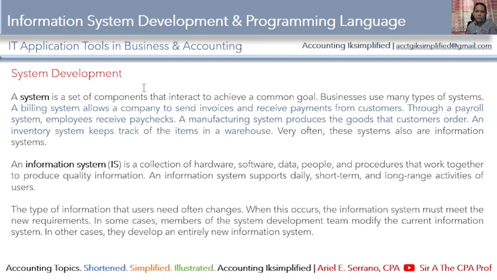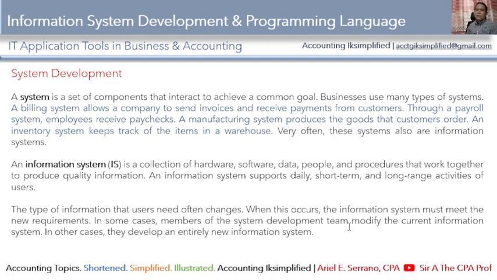Now, sabi dito sa bandang baba, when this occurs, the information system must meet new requirements. Okay? In some cases, members of the system development team modify the current information system. Now, applying it to our topic for today, information system development. Common na sa mga organizations, big or small, na meron silang ginagamit na mga information system.